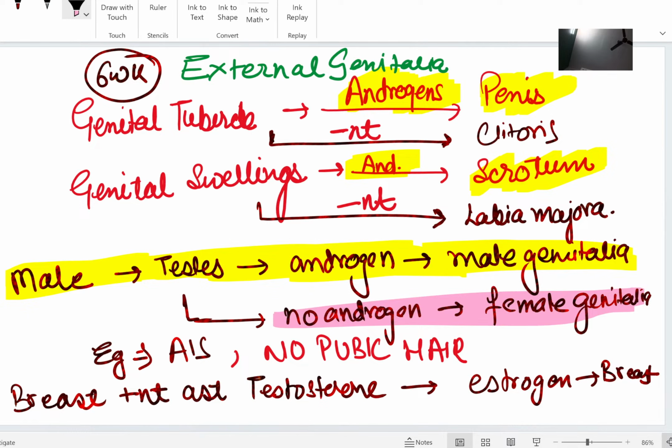What happens in androgen insensitivity syndrome? In androgen insensitivity syndrome, the androgens are present but they are not acting. Because they are not acting, there is no formation of male genitalia, only formation of female genitalia.